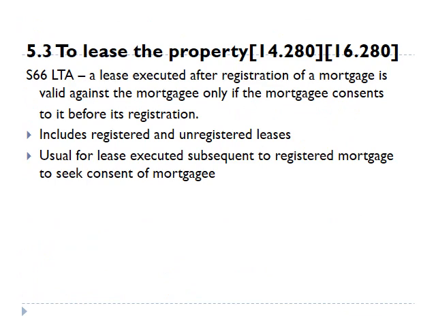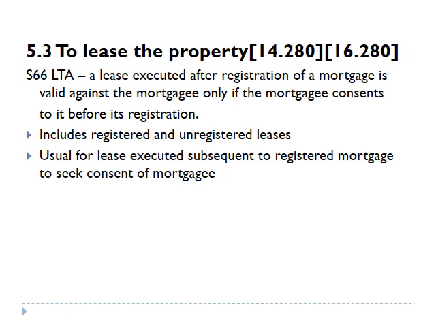There is also power of a mortgagor to lease the land. As the mortgagor has physical possession of the land, of course, they may lease it to another person after the mortgage has been registered.